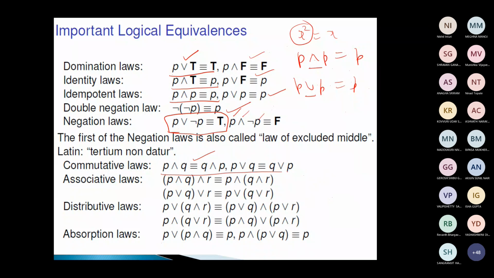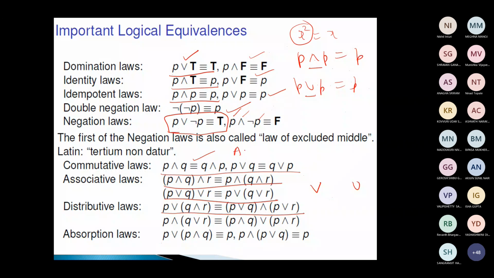Commutative laws. As you know, union and intersection, or OR and AND, always satisfy the commutative property, so they are framed as commutative laws, and associative laws. OR can be replaced by union and you can see in set theory, and this intersection. Distributive law. What do you mean by distributive law?